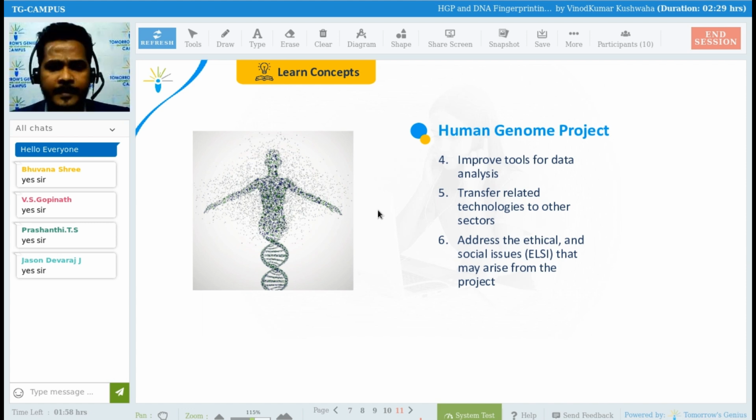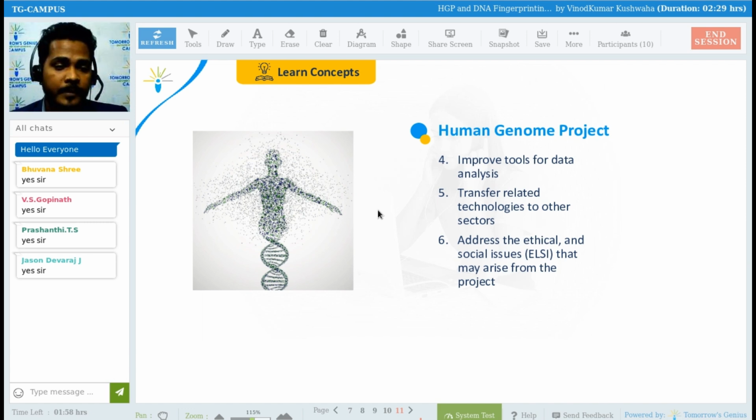Apart from that, there are several other goals. It also addresses ELSI. What is ELSI? It stands for ethical, legal and social issues that may arise from the project.